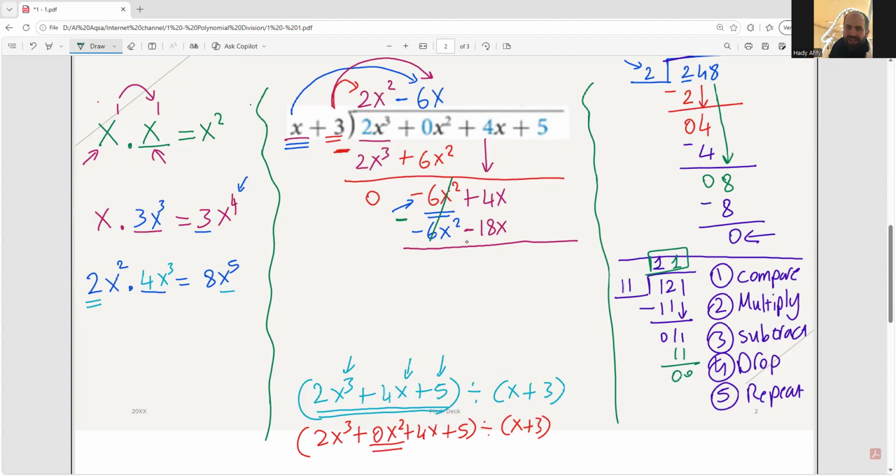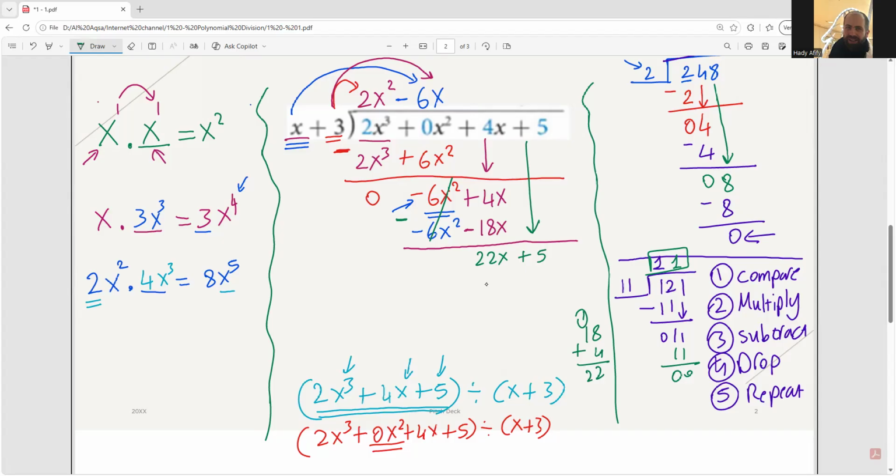What are you going to have? You're going to have 4 plus 18. So 8 plus 4 will be 12. I have one carry. 1 plus 1 will be 2. So it will be 22. So 22x. And then the 5 will go down.